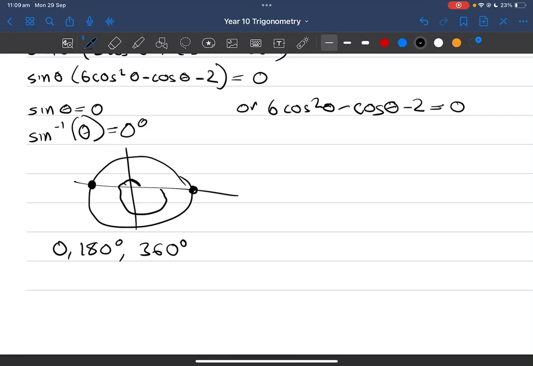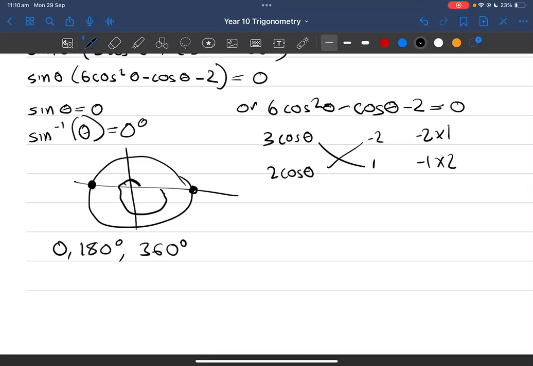Now, let's solve this. We can use the cross method to factorize this. So 3 cos theta and 2 cos theta. Okay, let's see. What are some factors of 2? We can write this as negative 2 times 1 or as negative 1 times 2, right? Now, let's test. Let's test negative 2 and 1.